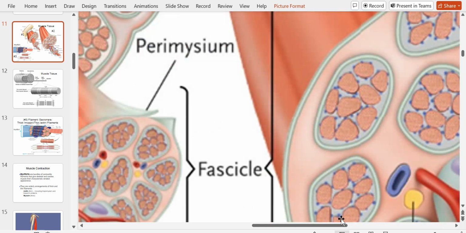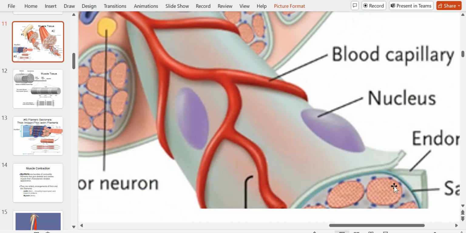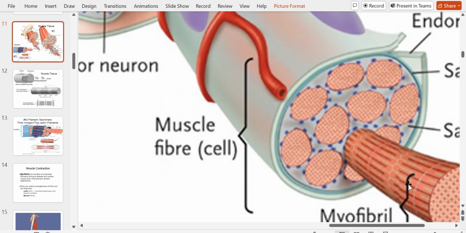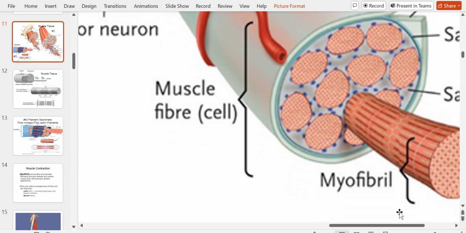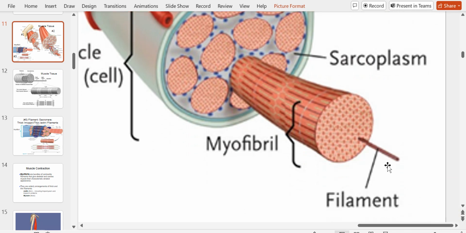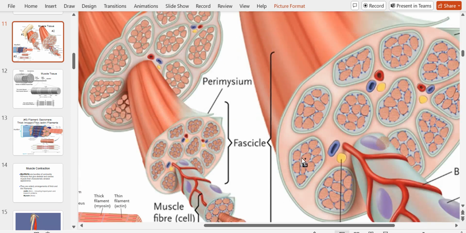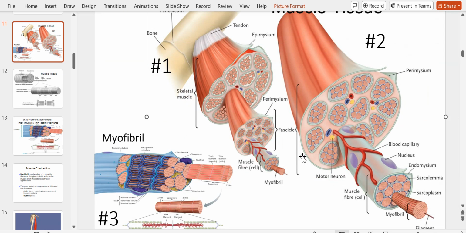And we could zoom in even more. Okay. And you'll see that there are bands, there are lines, dark and light, dark and light. And these are the two filaments within here that contract over each other. And you see here, we pull these guys out, and each one of these is an individual muscle filament. Okay, and just blowing things out.